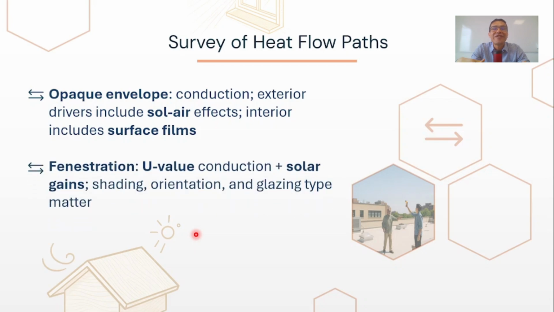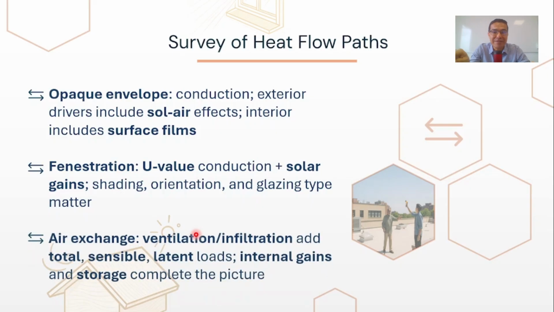Next, we have fenestration or windows. Windows are special because they have two major heat flow paths. First, the conduction, which we model with a U value, but more importantly, there is the solar gain, which depends on things like window orientation, type, and any shading. Finally, we have air exchange.